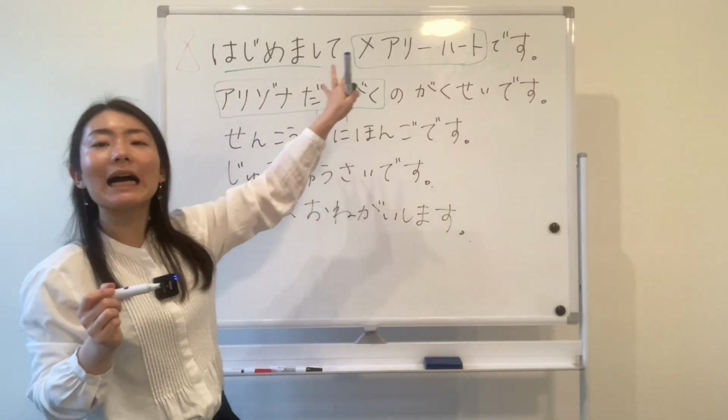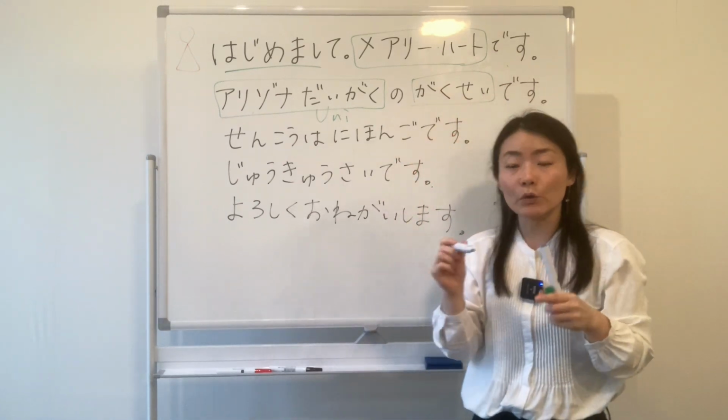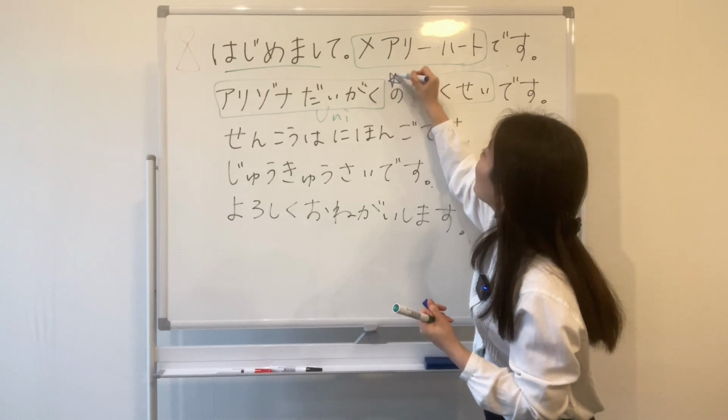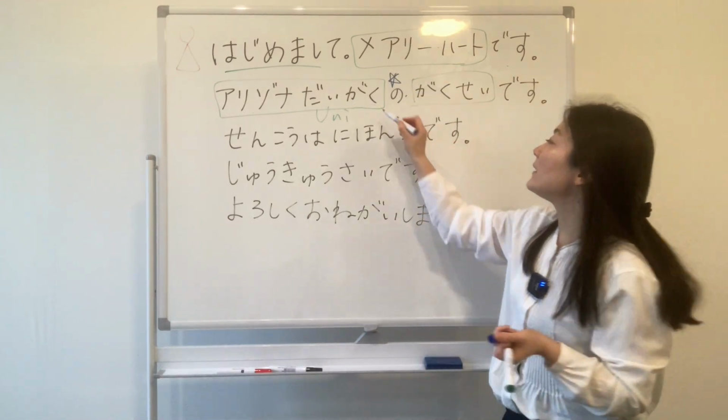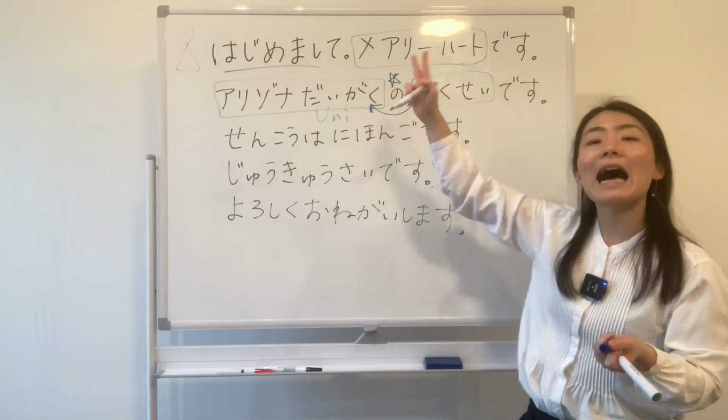アリゾナ大学の学生. 学生 is a student, but we have here no. This no means to connect these two nouns.